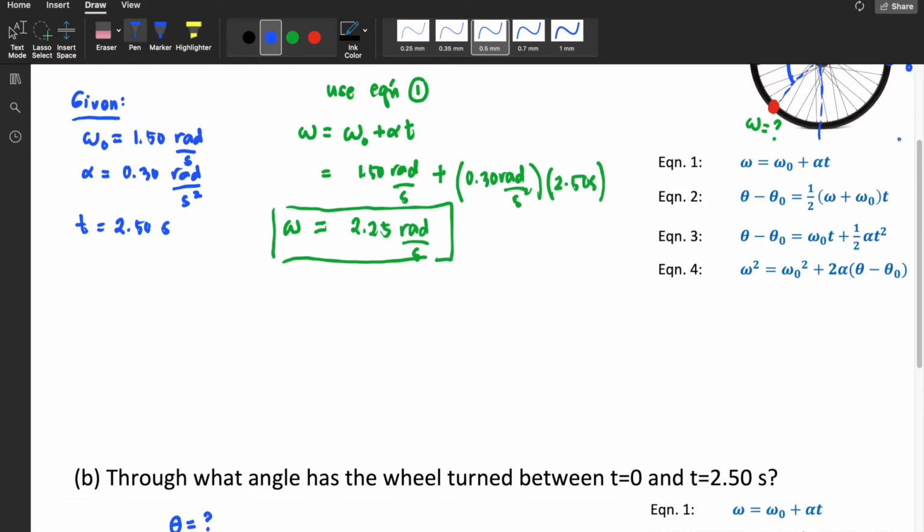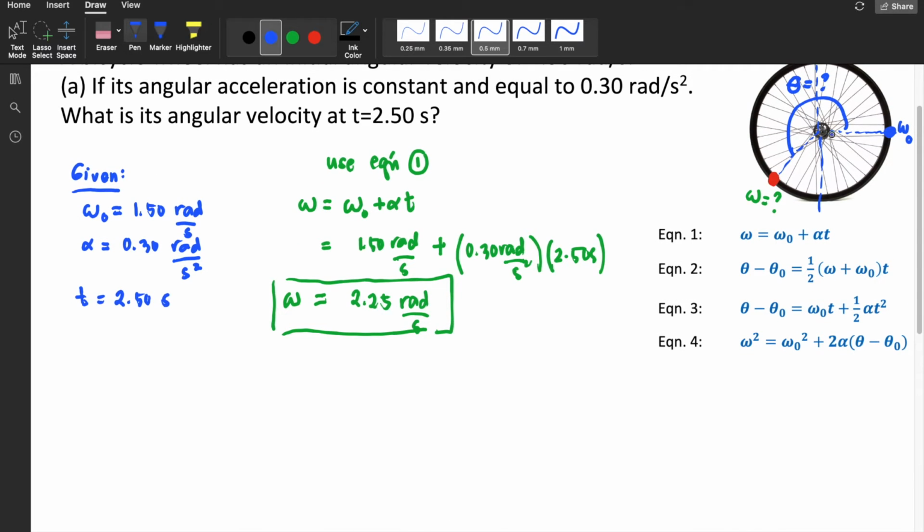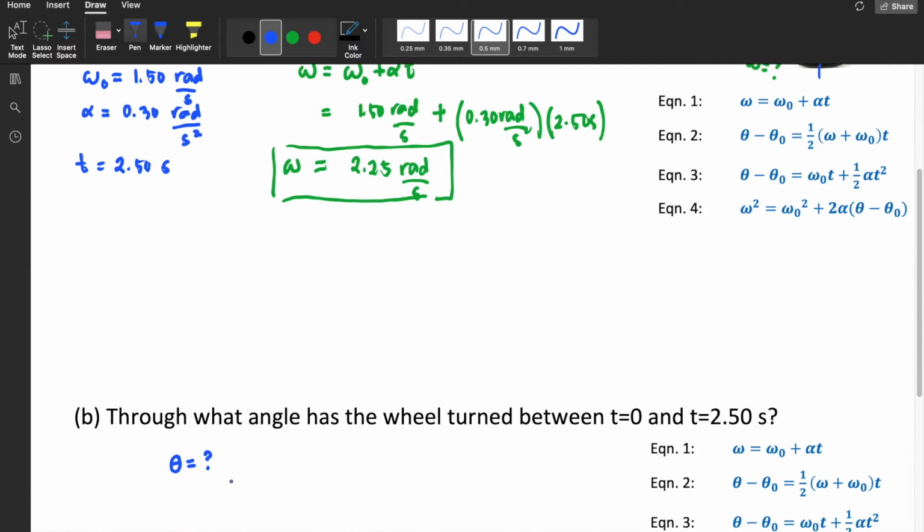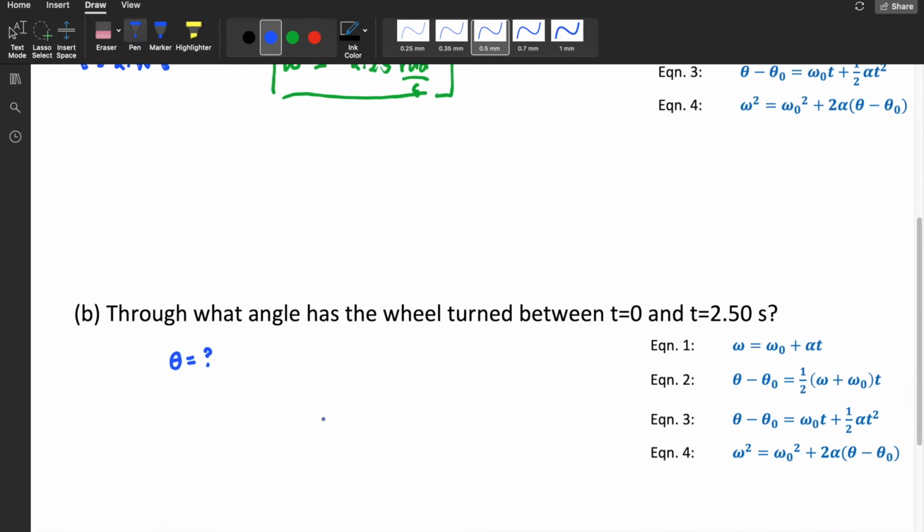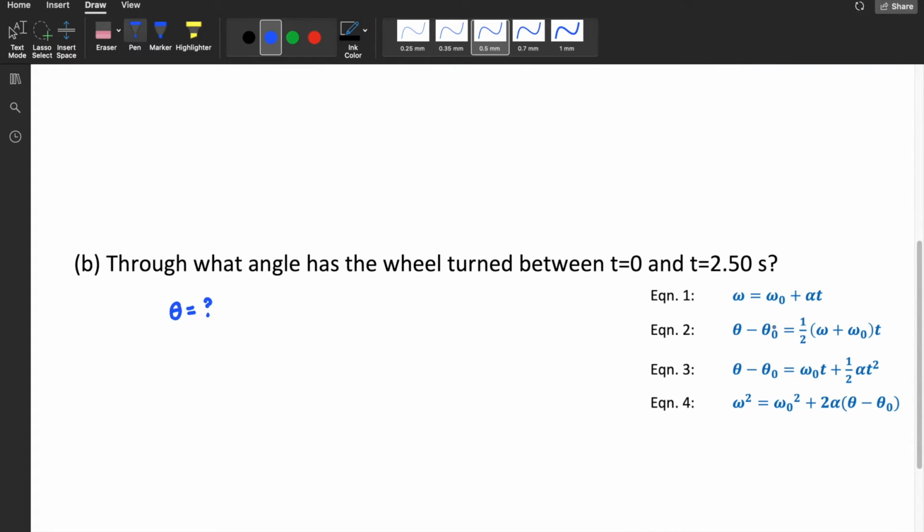Let us assume that the initial angular displacement is located here, so theta naught is simply equal to 0. Here we're going to use equation number 2, 3, or 4. It's either of the three equations.